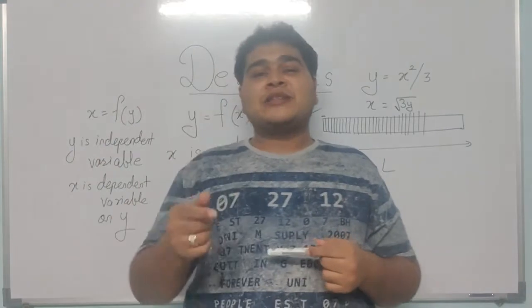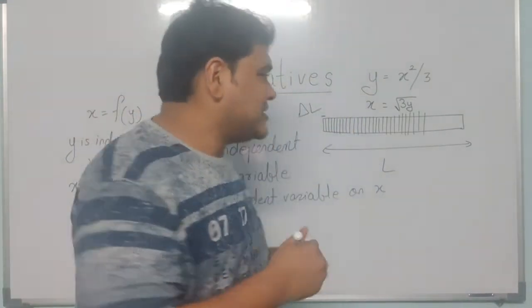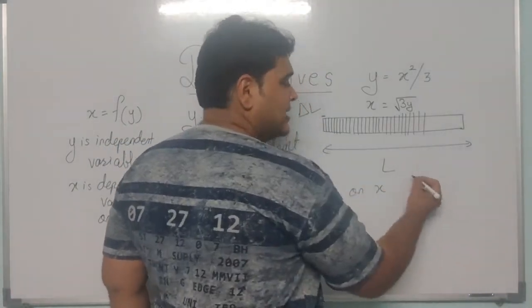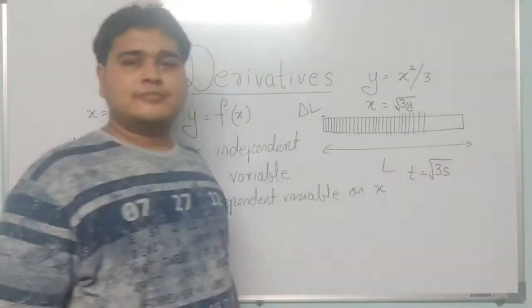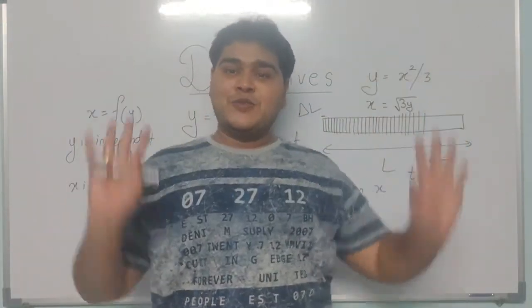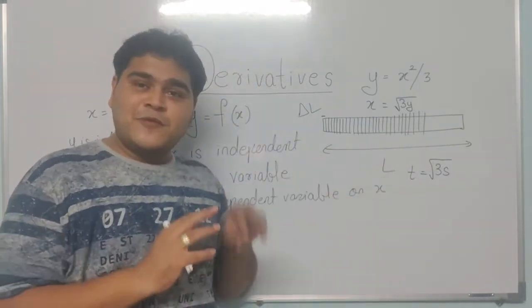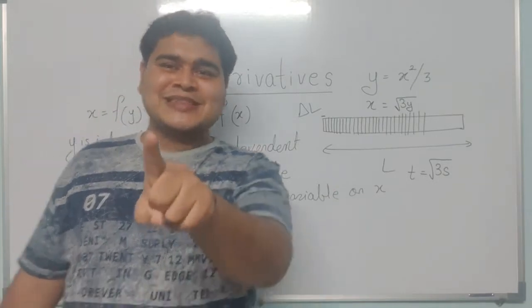In fact, you're going to calculate the distance covered in the respective time. Am I correct? So let's say I get an expression as time is equal to root 3 times the displacement. Now you're not going to say that the displacement is an independent variable and the time is a dependent variable, that the time changes with the change in displacement. It doesn't happen that way.